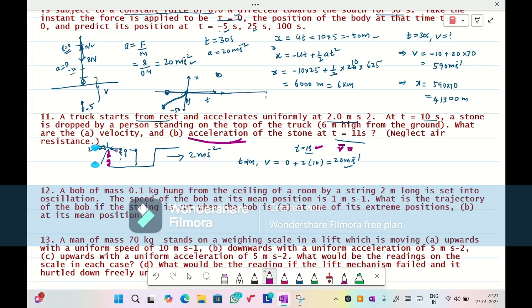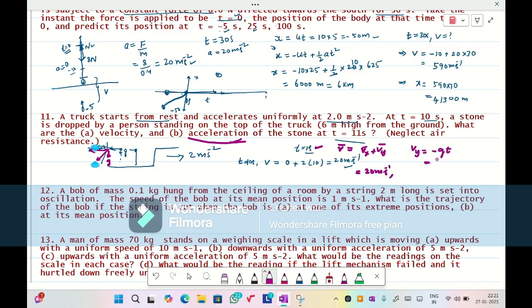But velocity is different. After 1 second, the velocity will have two components. So V is equal to Vx i cap plus Vy j cap. Here a kind of projectile motion, horizontal projection motion, we have to use. So Vx is always the same, equal to 20 meter second inverse, and Vy is equal to Uy, which is 0, minus g into t.